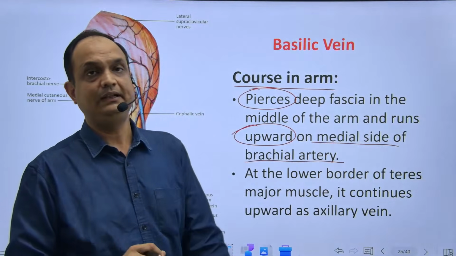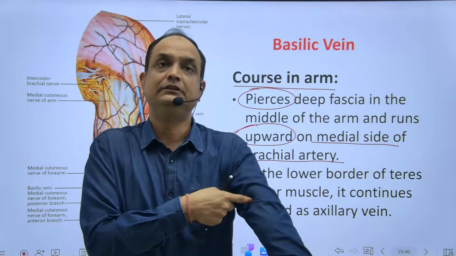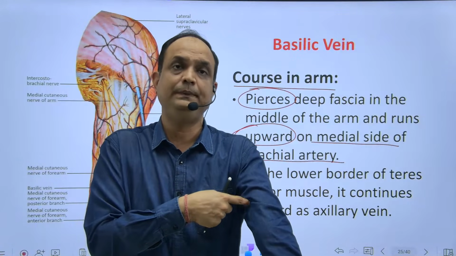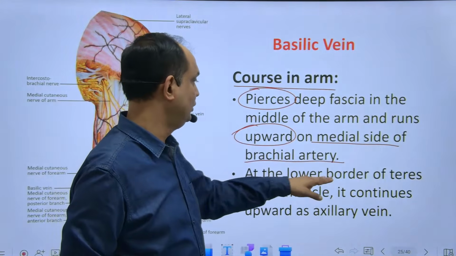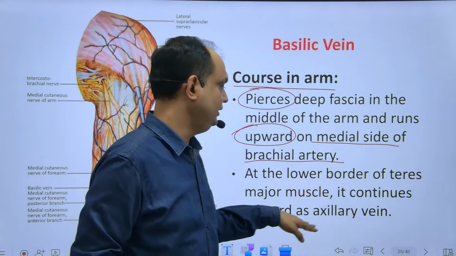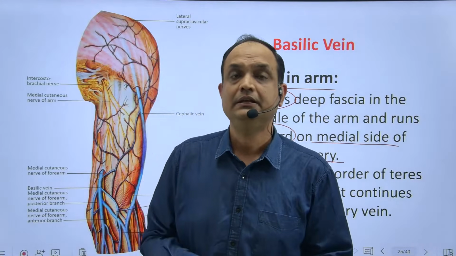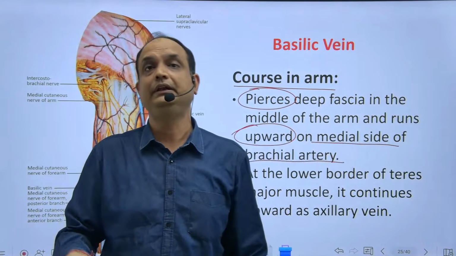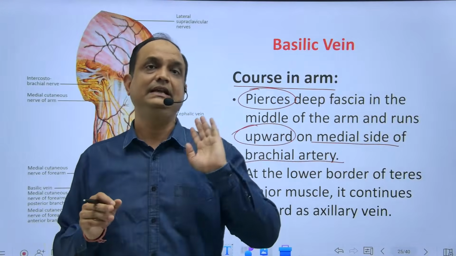So you have seen that this is the medial side of the arm. At the lower border of the teres major, it continues upward as the axillary vein itself. So we have seen that the cephalic vein drains into the axillary vein, while the basilic vein itself continues as the axillary vein.